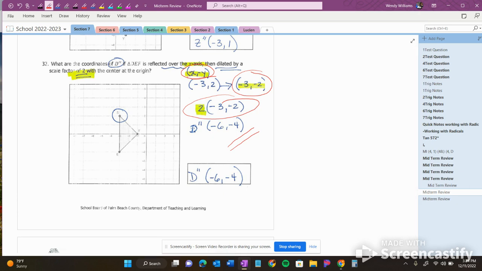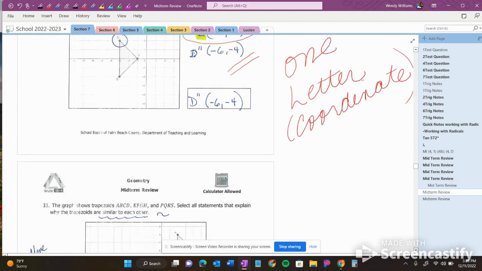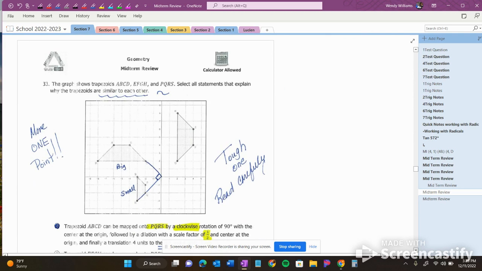Not hard, only want one letter at a time. One letter, one coordinate. Don't make it any harder than that. Okay, this is like the 6th or 7th problem. You have to know those transformation rules.